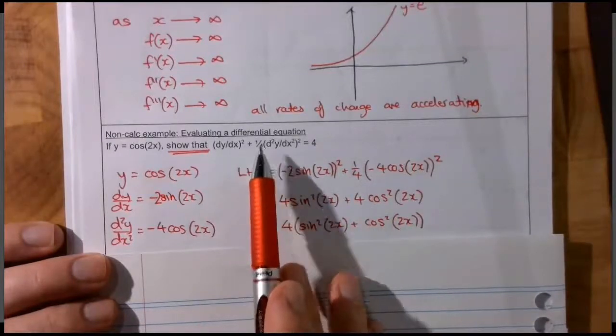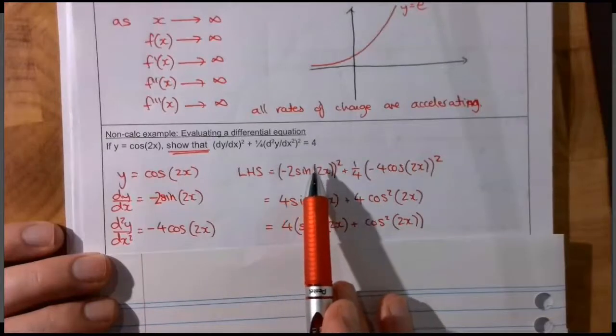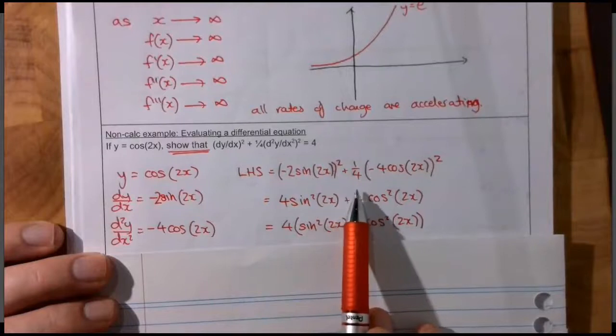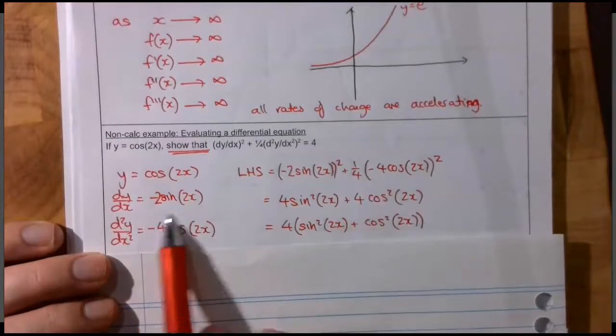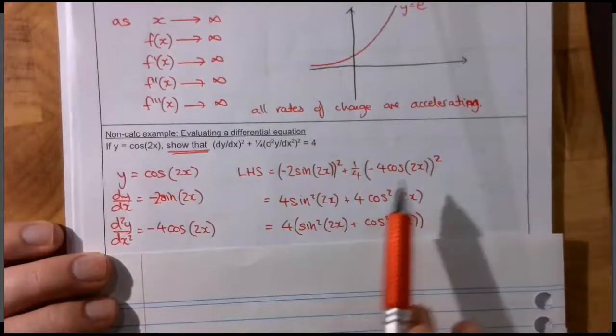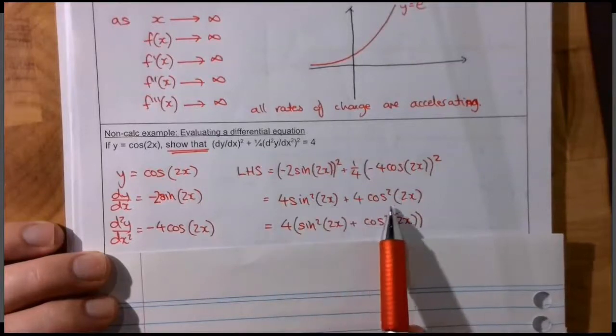So here I've written on the left-hand side (dy by dx) squared plus a quarter of d2y by dx squared, and substituting in, giving me 4 times sine squared plus 4 times cos squared.